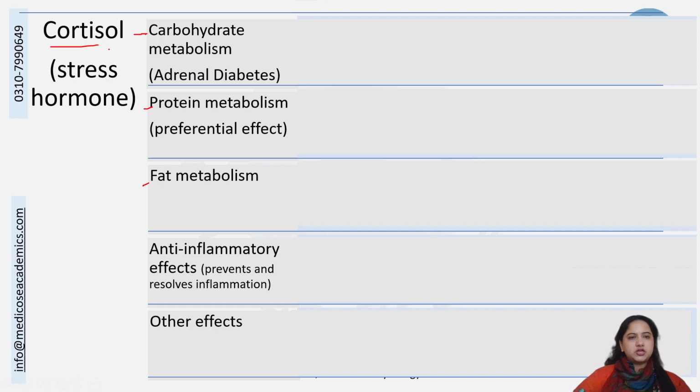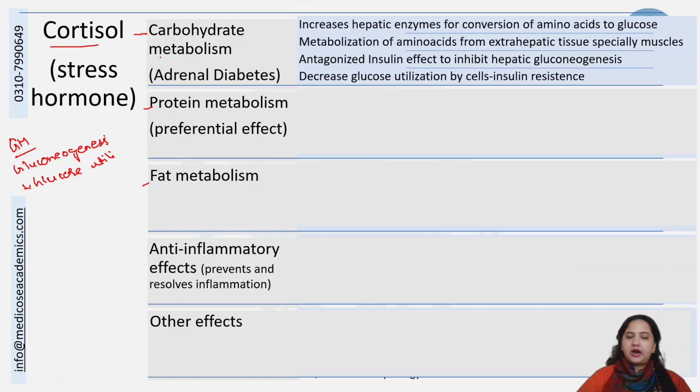Again, cortisol is a diabetogenic hormone, like growth hormone. Growth hormone was diabetogenic because it promoted gluconeogenesis in the liver, and that also decreased glucose utilization. Cortisol is again a diabetogenic hormone. How? It is again going to promote hepatic gluconeogenesis.